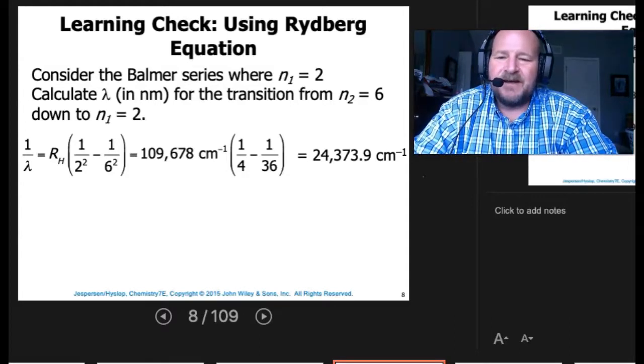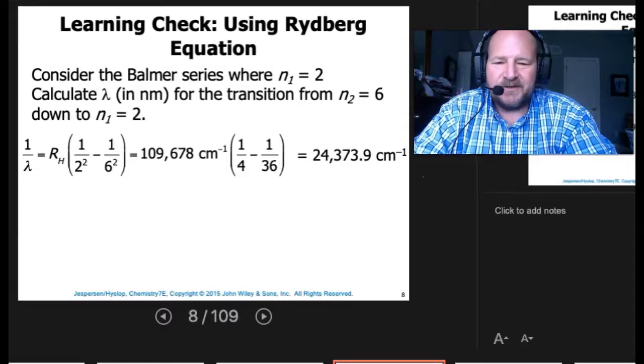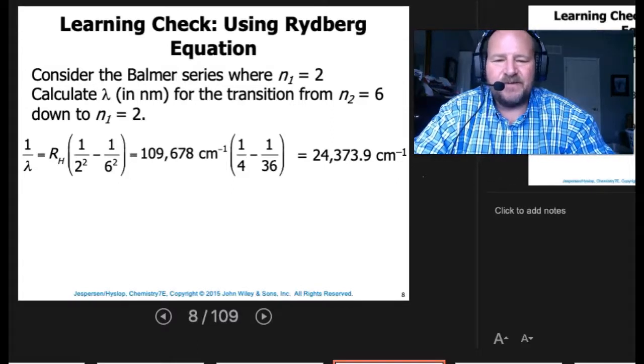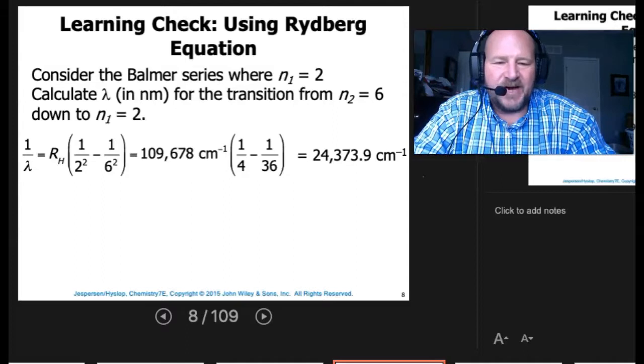And so that means we're going to have 109,678 per centimeter times 1 over 4 minus 1/36. So that's going to give us 24,373.9 per centimeter.